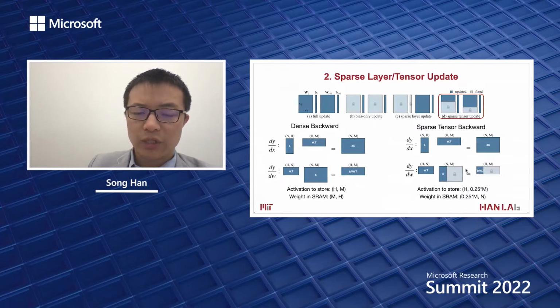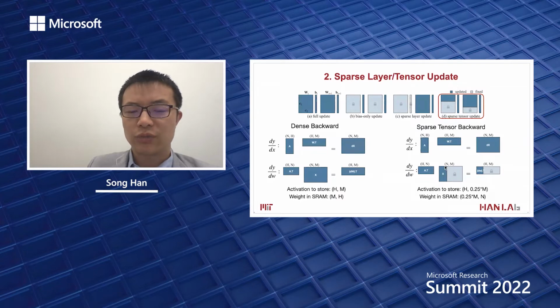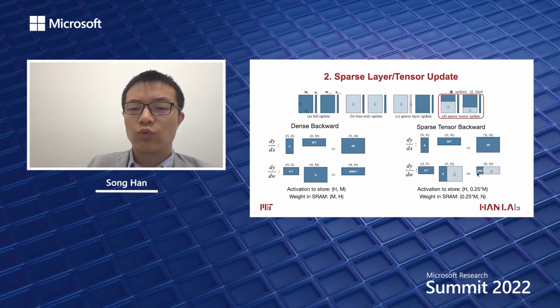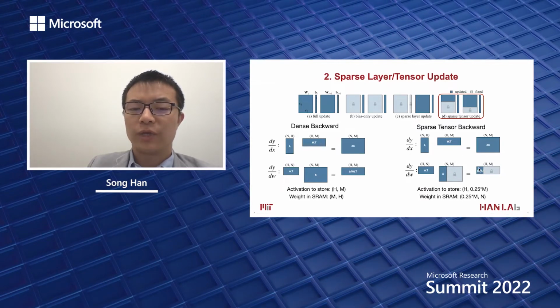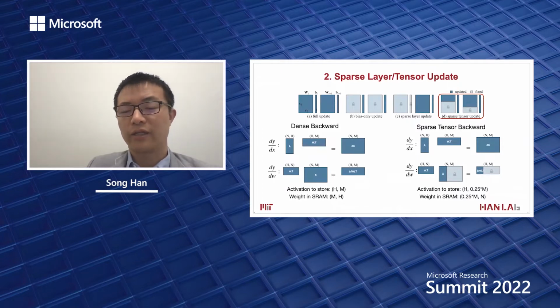So it corresponds to only a partial of the intermediate activation that we need to store in memory. Rather than storing the whole activation in memory, since we only need to update the first 1/4 of the weight, we need to store only the first 1/4 of the activations, which saves activation memory. This is a critical bottleneck and key differentiating factor from inference to training.